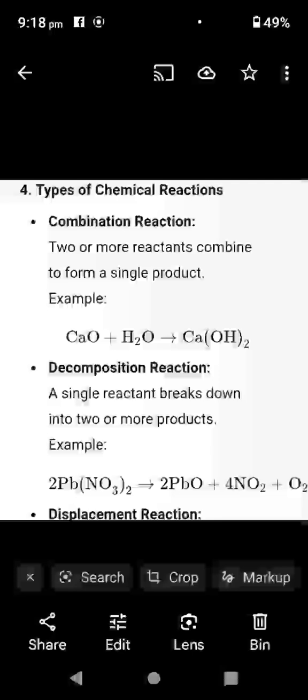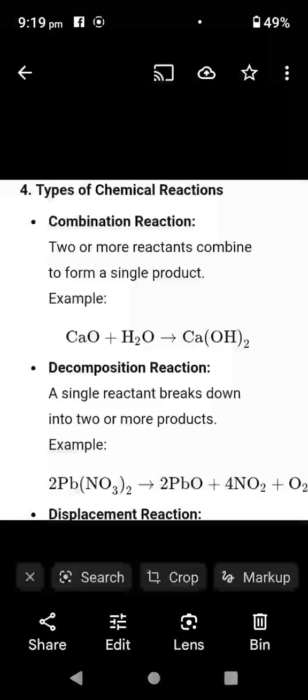Decomposition reaction: if a compound requires energy to split or break, it is a decomposition reaction. A single reactant breaks down into two or more products. For example, here lead nitrate is given, and it breaks into lead oxide, nitrogen oxide, and oxygen.